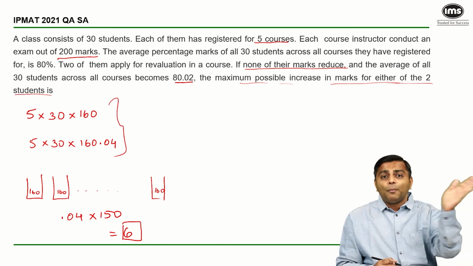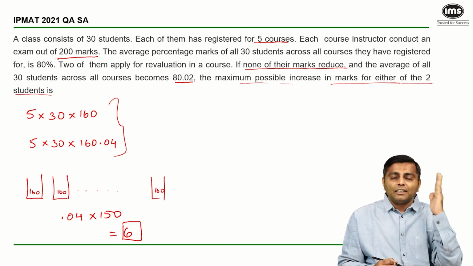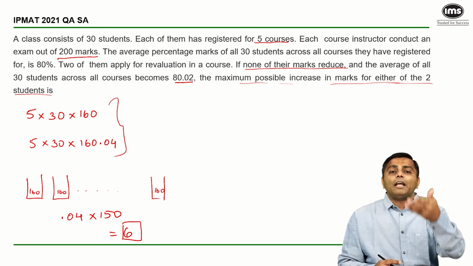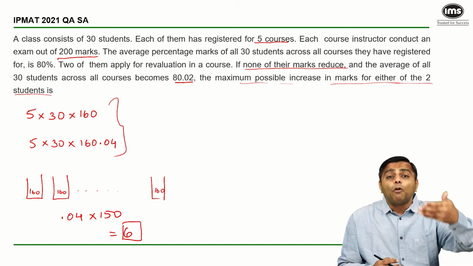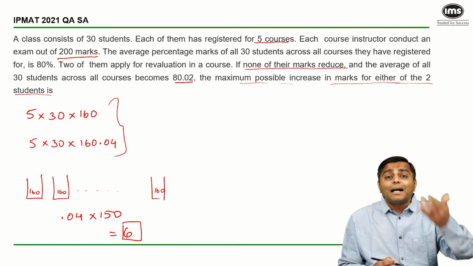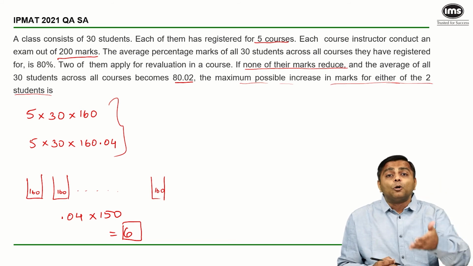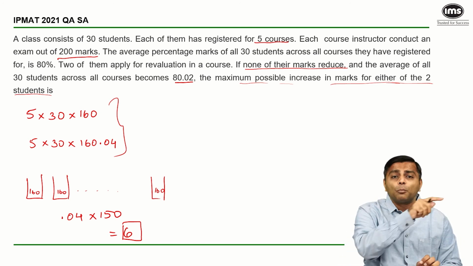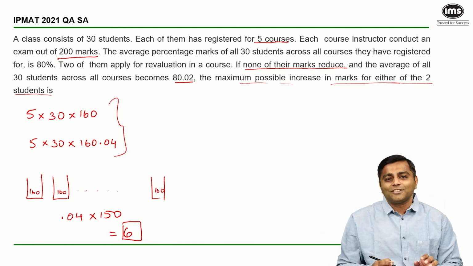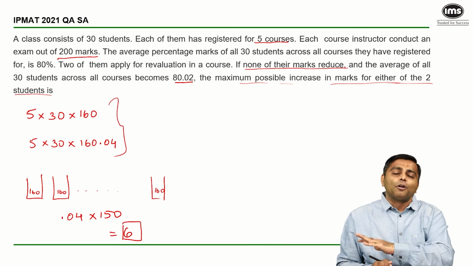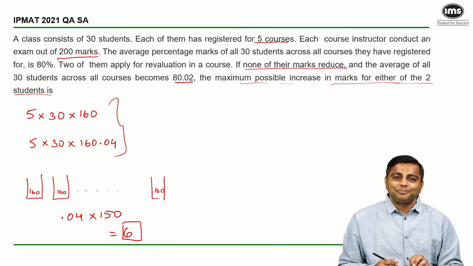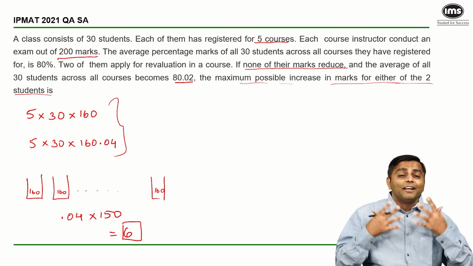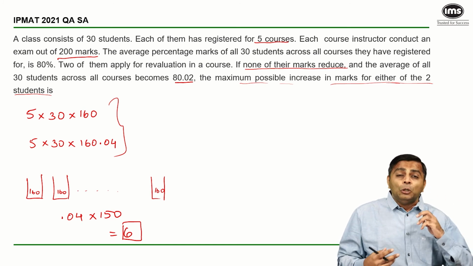The moment you imagine that there are 150 boxes, each has 160 marks, and now the average is becoming 80.02, and hence the marks are becoming 160.04, it is an effective increase of only 0.04, but in all the 150 boxes. So it's 150 into 0.04. The answer is 6.